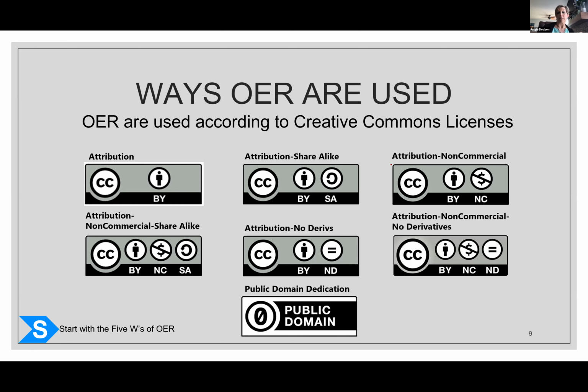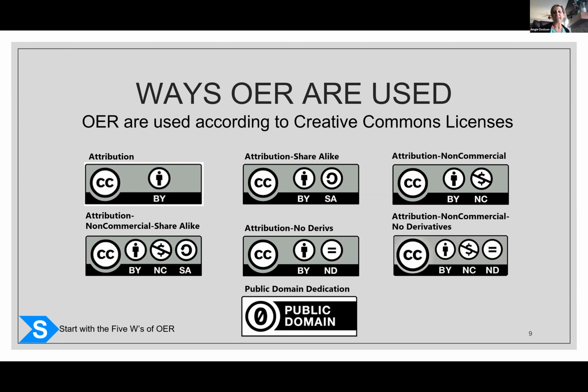If you look at that first one there, the attribution, that is probably the most open way that you can utilize OER. So if you see that license with the CC BY, that means you just have to acknowledge where you got that and that it was licensed this way. And then the restrictions of the licenses move up to be most restrictive.